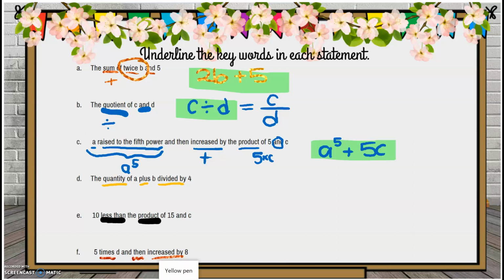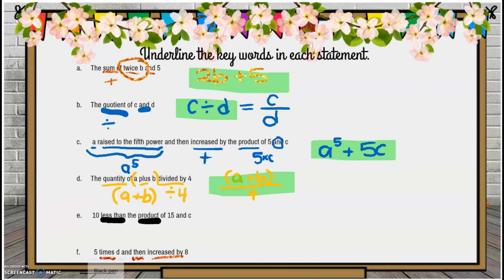The next one, the quantity, so that tells me I got these parentheses of A plus B. So it's going to be the quantity A plus B divided by 4. I can also write that as the quantity of A plus B over 4 because the fractions also tell me divided. So here's another answer right here.